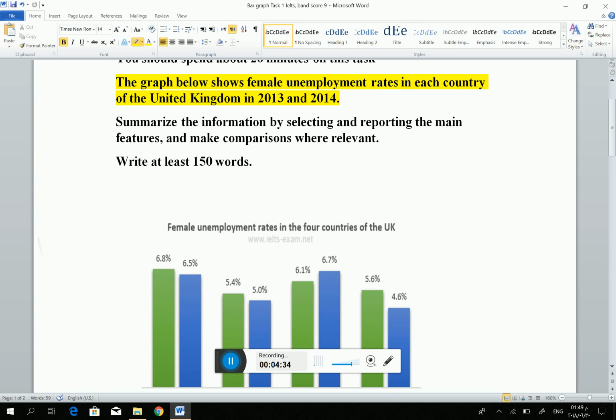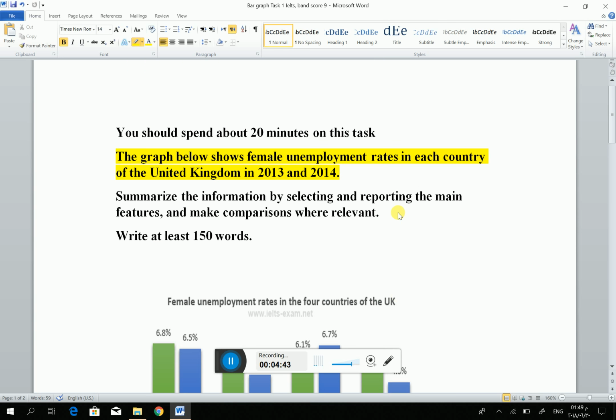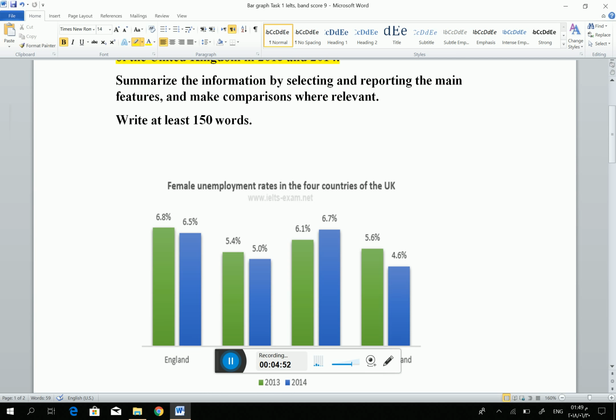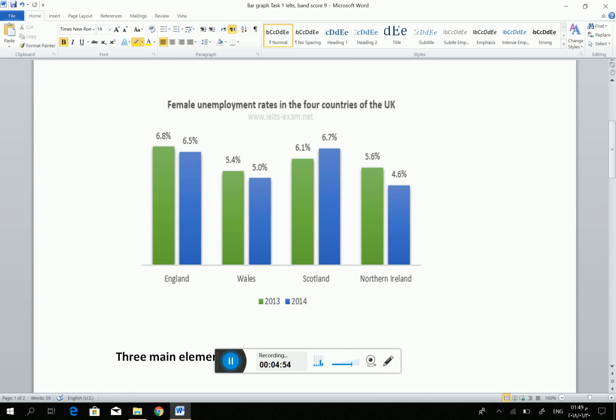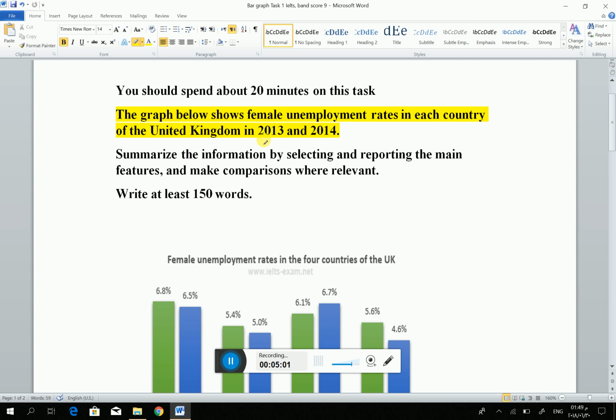If you look at the graph, how many countries can you see in the United Kingdom? 1, 2, 3, 4. So in the sentence you can say in the four countries which make up the United Kingdom, and you can mention the four countries which are England, Wales, Scotland, and Northern Ireland. But don't forget to mention the time, in 2013 and 2014.